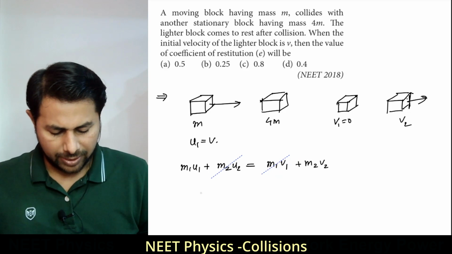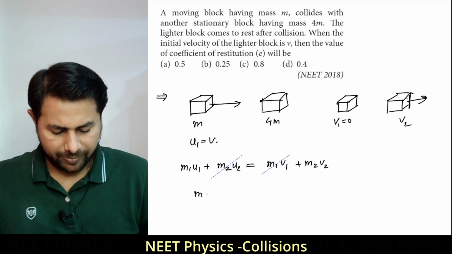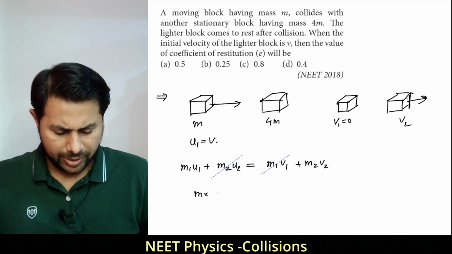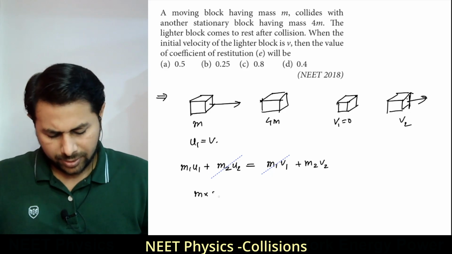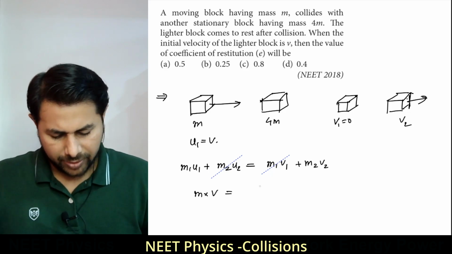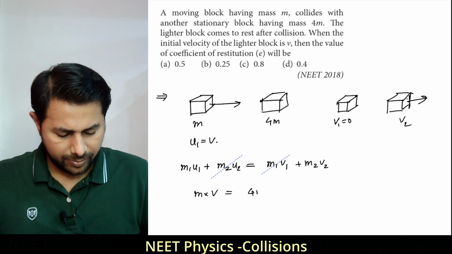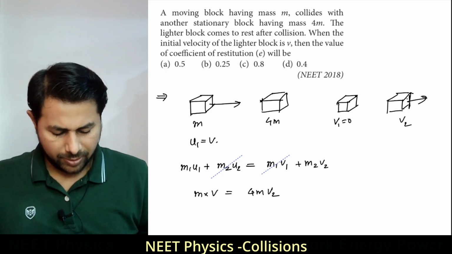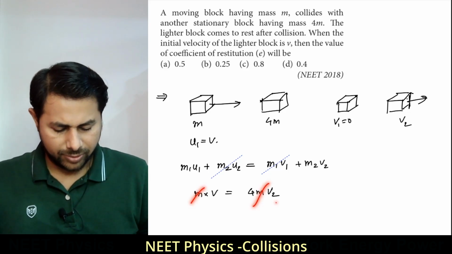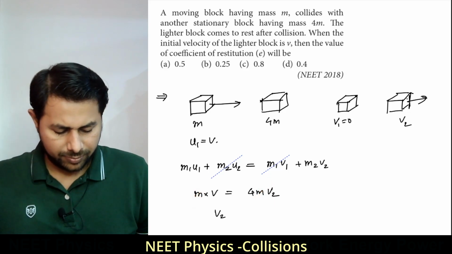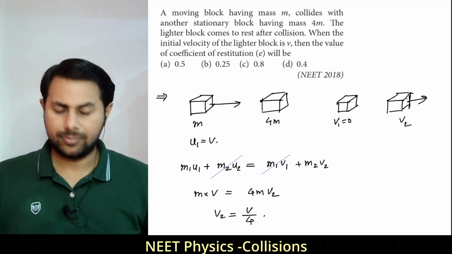So put the values. What is m1? It's m. What is u1? u1 is v, and it is equal to m2, which is 4m, times v2, and from that you can find v2. So v2 is equal to v by 4. Okay, option B. Let's check.